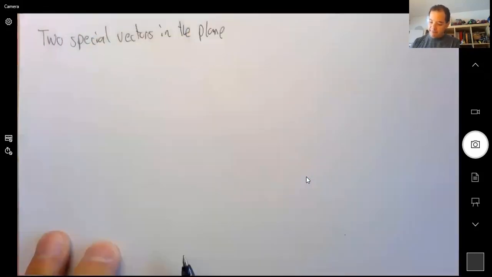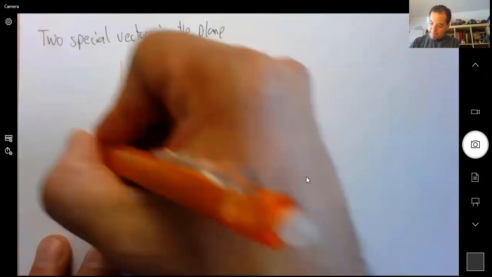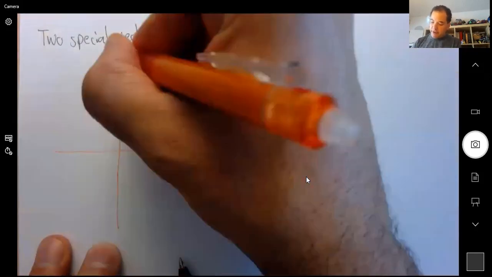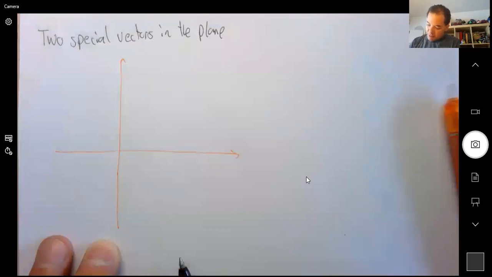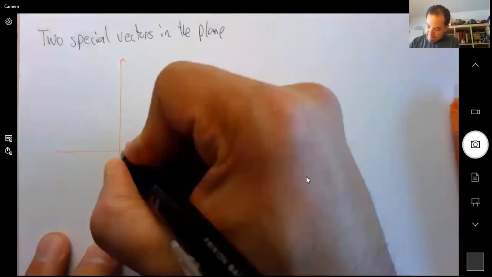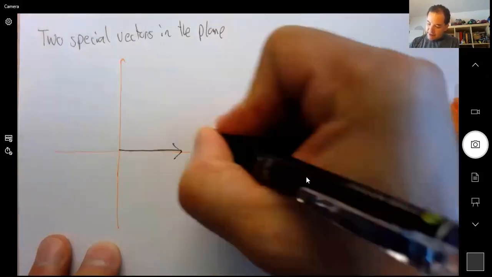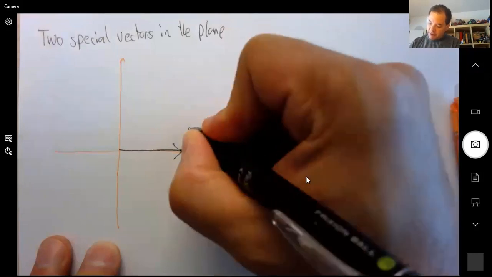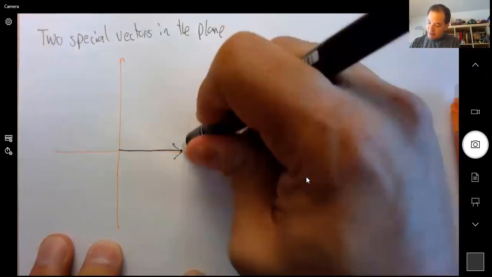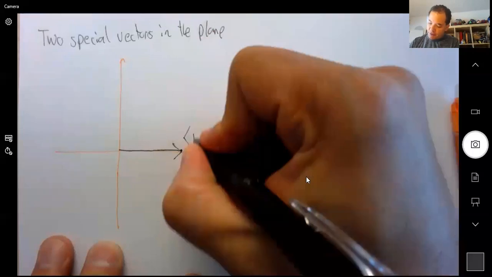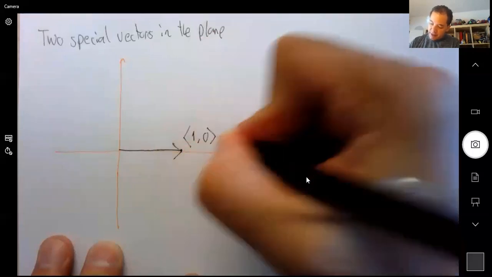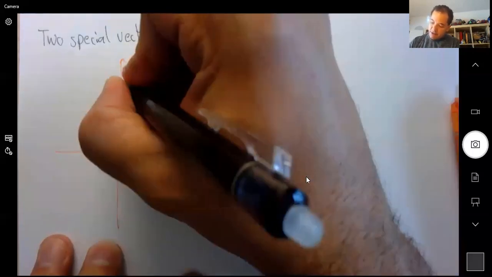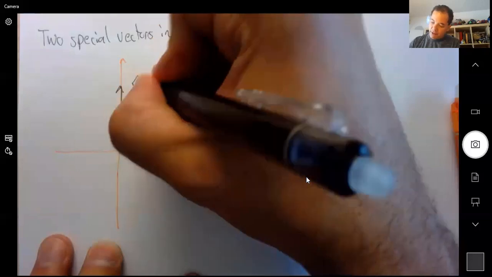So in the plane, there are two vectors that are important. This one, the position vector (1, 0), and this one, the position vector (0, 1).